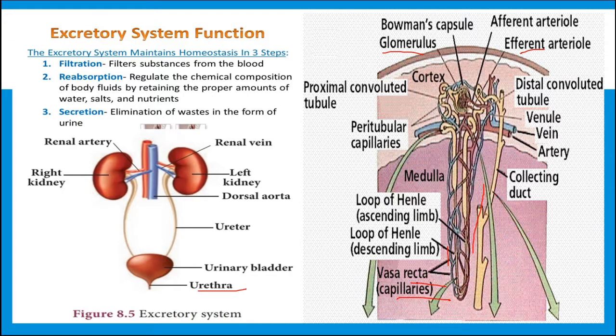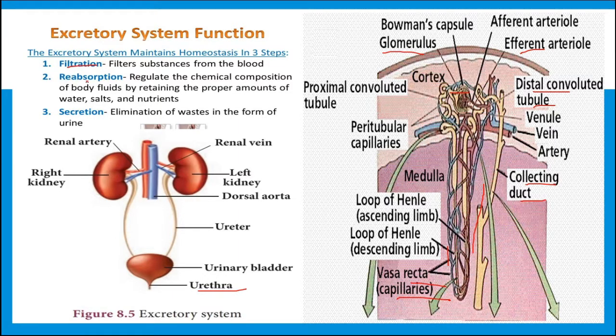After that, it is known as the distal convoluted tubule or DCT, and finally it joins the collecting duct. The collecting duct joins millions of nephrons and is involved in the elimination of nitrogenous wastes.